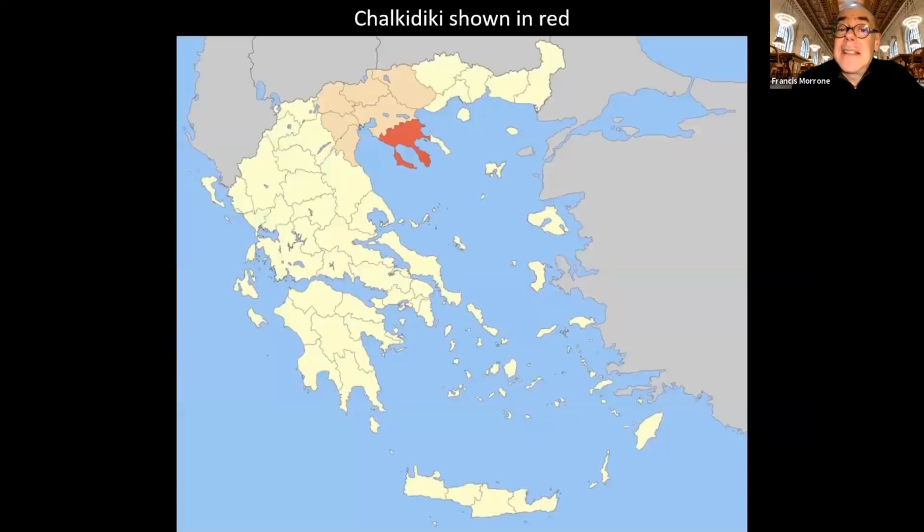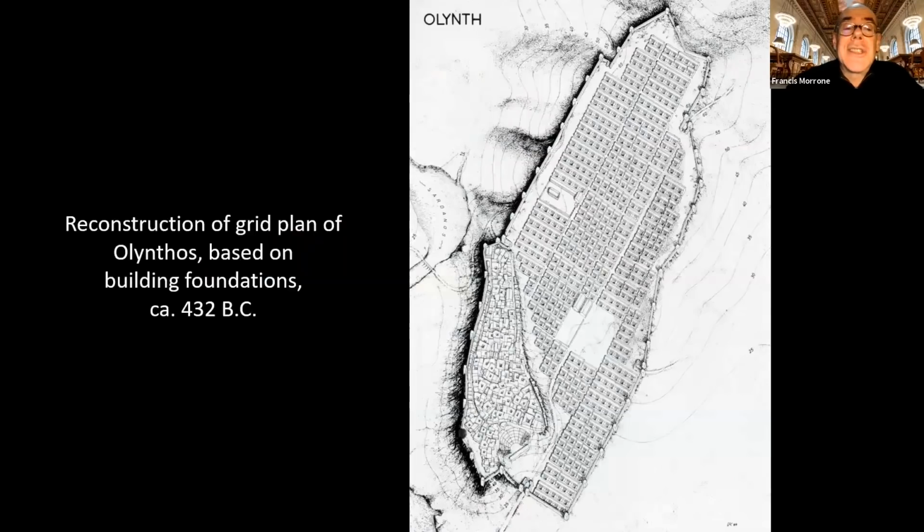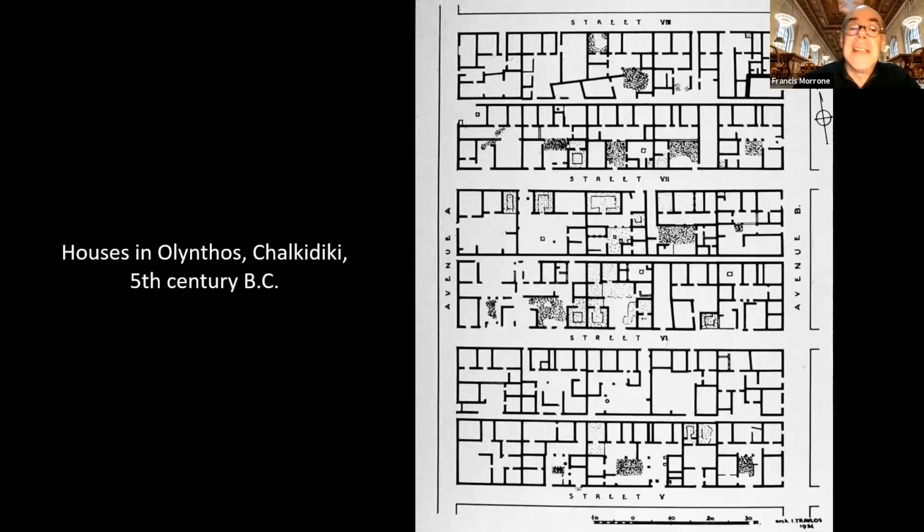So there's the location, by the way, of Chalkidiki. And this is the street plan of Olynthos, which was either by or inspired by Hippodamus of Miletus.